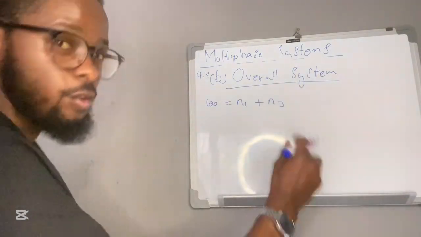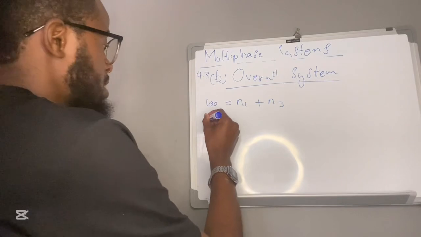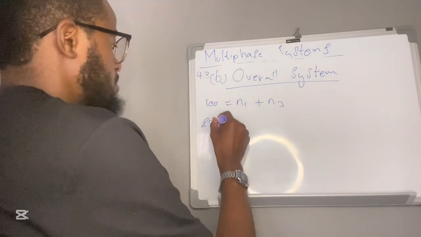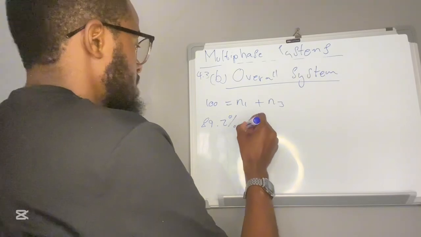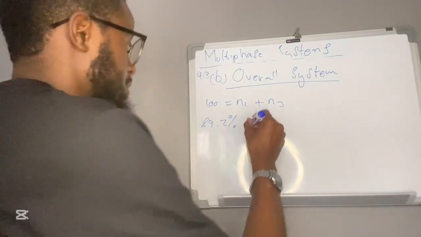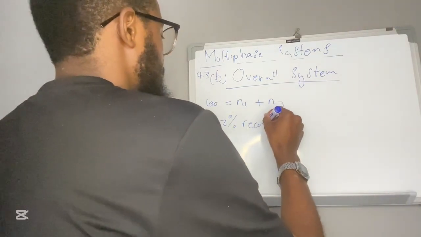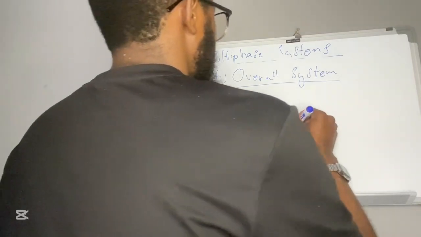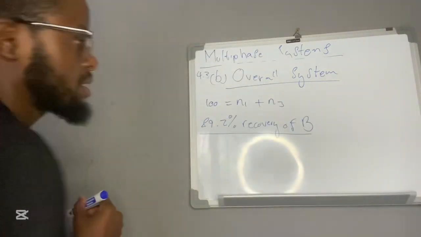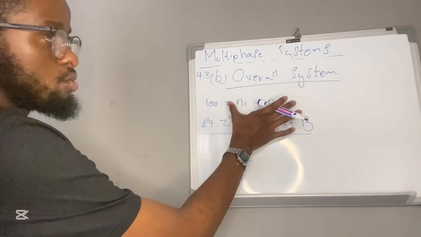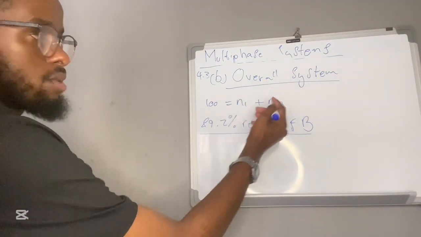And then on the overall, what else do you have? You have the 89.2% recovery of benzene, right? This is what we're gonna use to solve for N1 or N3.